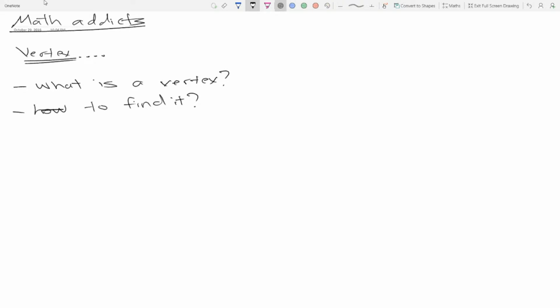Two simple notions. We're going to be learning about vertexes of quadratic functions. The simplest form of a quadratic function is x squared, where the vertex happens at (0, 0).